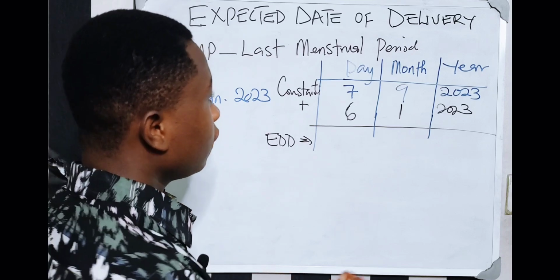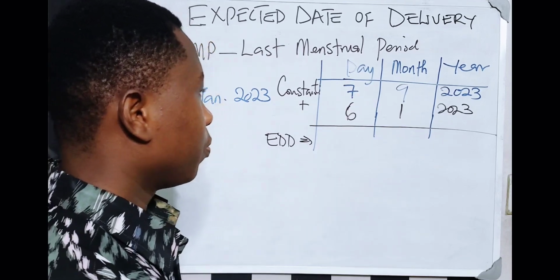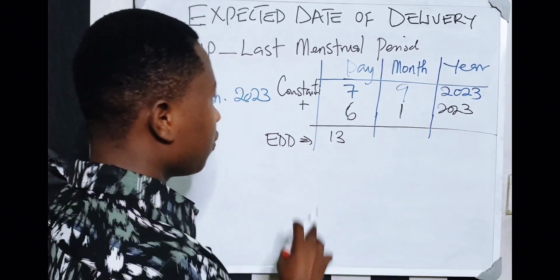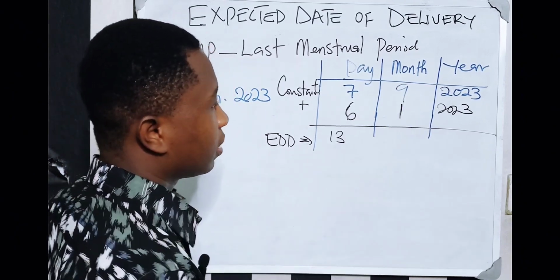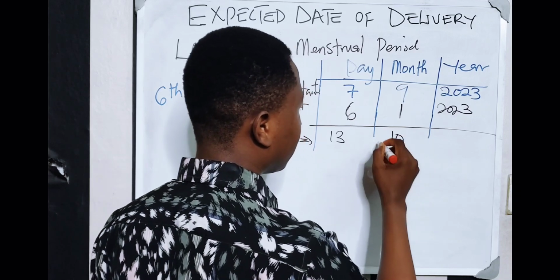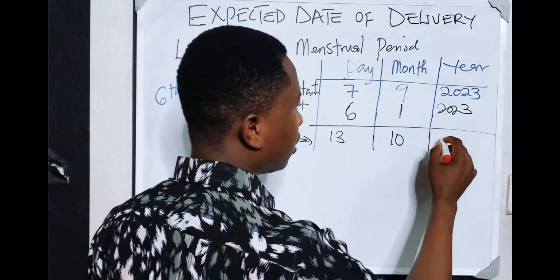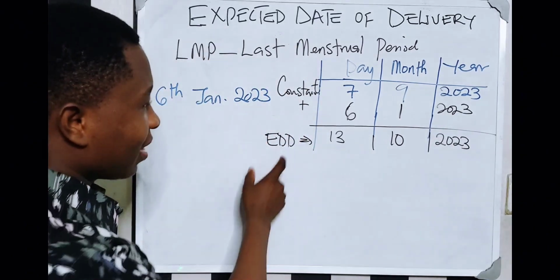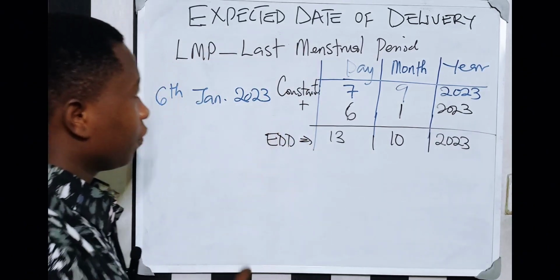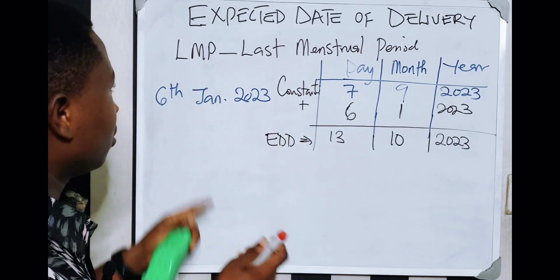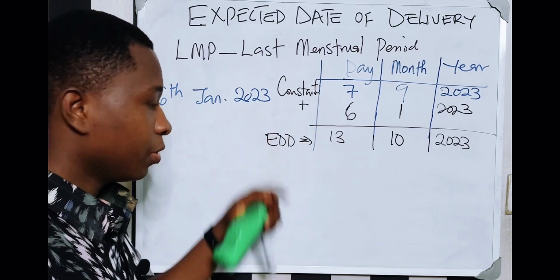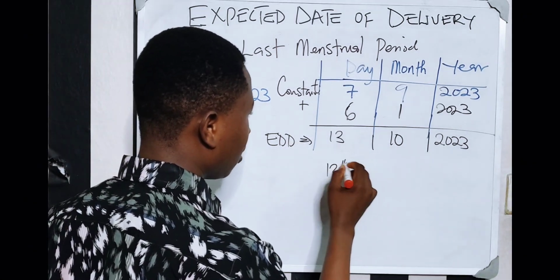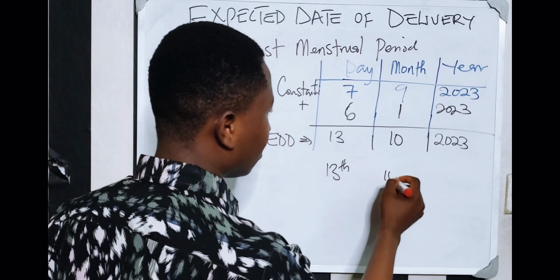Okay, now if you add 7 plus 6, that will give you 13. Now, if you also add 9 plus 1, that will give you 10. And your year 2023. Okay, so your expected date of delivery, if your LMP, your last menstrual period, was 6th of January 2023, your EDD will be 13th of 10th 2023.